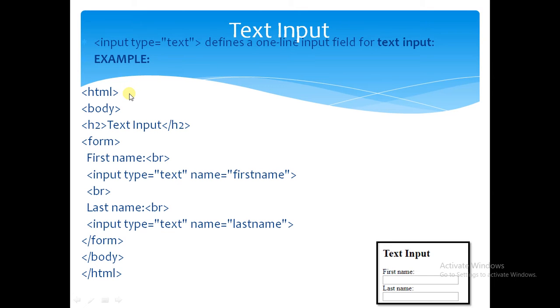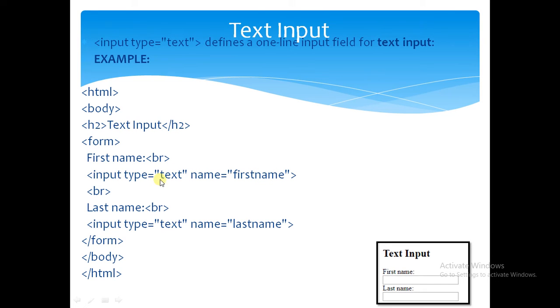First we write a program for the text input. HTML, body. After that we write h2. h2 means the heading: text input form. After that we write first name. First name means that this is the first name, and we use br. br means break line. Next, input type equal to text, name equal to first name.